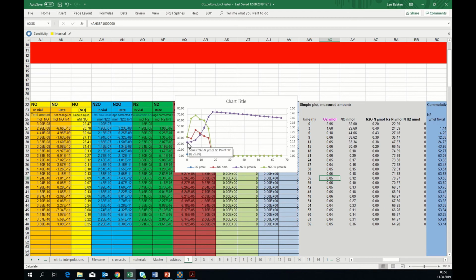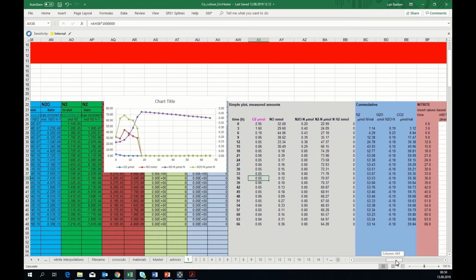So there is an initial amount of N2, and then it is increasing, and then it starts to decline again. What's happened here is that the organisms have used all the nitrate and nitrite at this point, and then the measured N2 starts to decline. Now, this is not very interesting to look at because it seems like something is consuming the nitrogen.